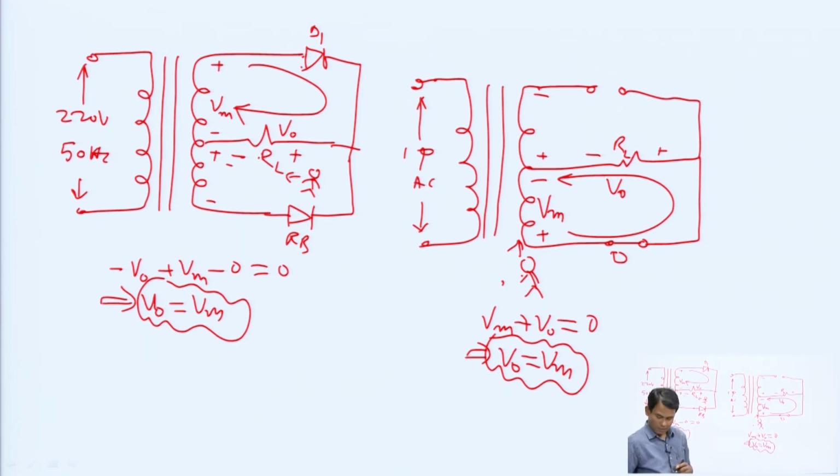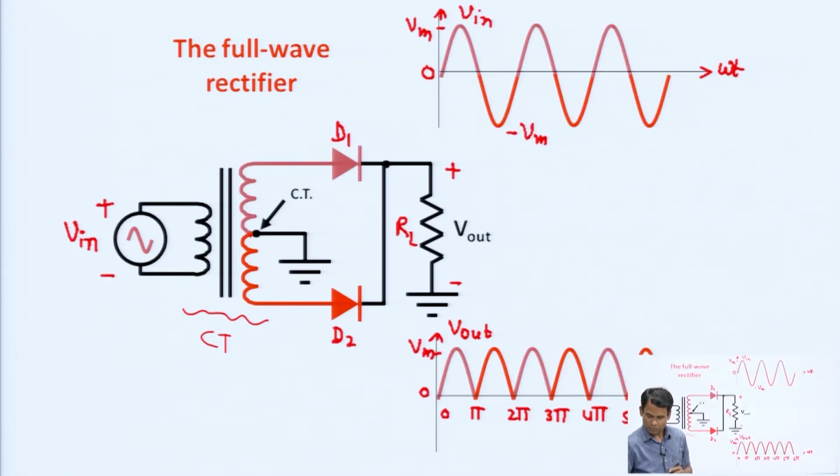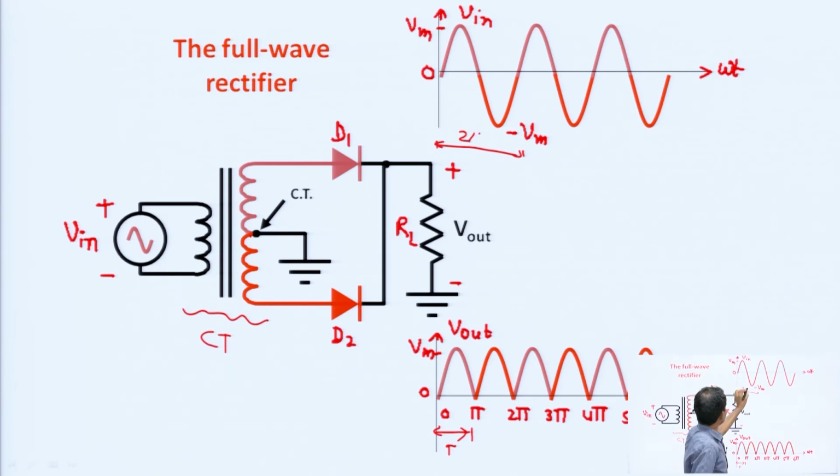Okay, guys. Now, what will be the output waveform? This is the output waveform. You can see that the periodicity of the output signal is pi only. This is the periodicity, or time period, and the periodicity of the alternating input signal is 2 pi.